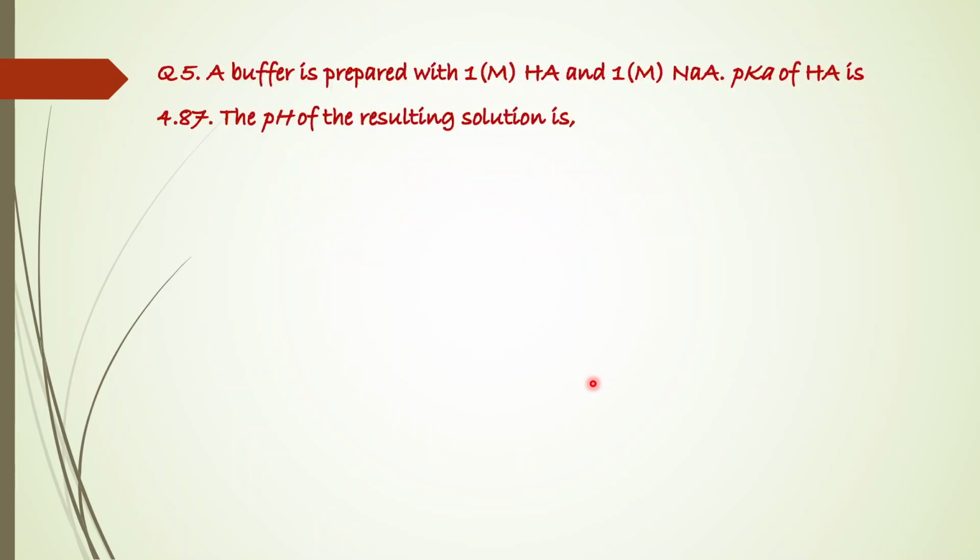Moving to the next one, I would like all of you to solve this. A buffer is prepared with 1 molar HA and 1 molar NaA. HA is the acid and NaA is the salt. The pKa of HA is 4.87. It is already mentioned.